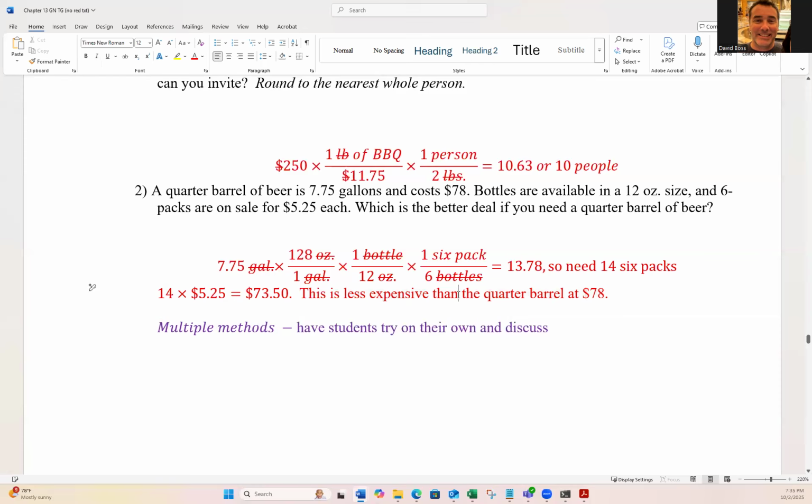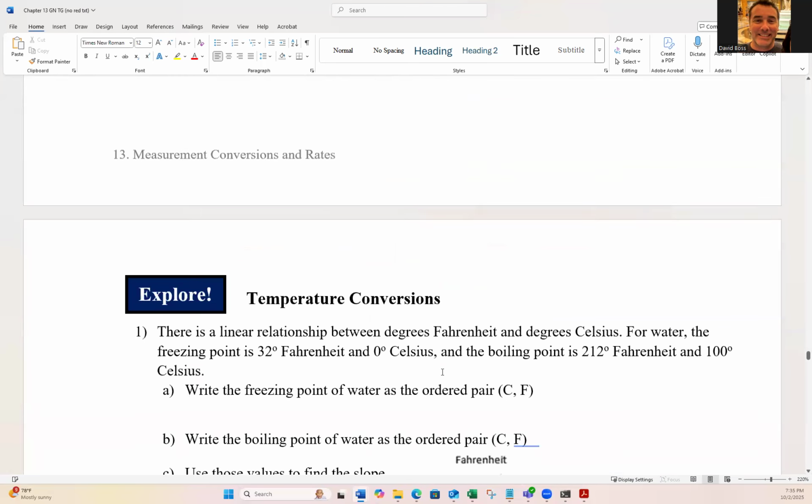So after doing all this work, we found out that by buying 14 six packs, we will save money. We will save $4.50. Okay, so that was a tricky one because you didn't want to work price in at all until the end, because you wanted to find out how many six packs were needed. All right, so let's move on.